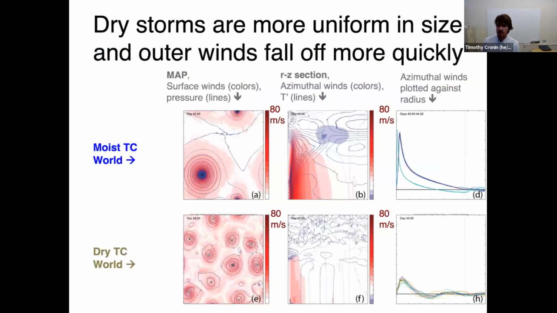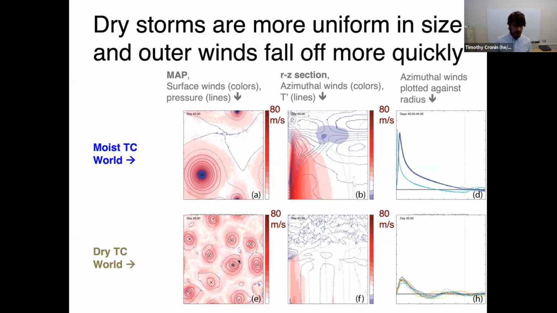So in terms of their structure, dry hurricanes look pretty different than regular moist storms. This is a map, again, of a snapshot on the left, where there's a moist tropical cyclone world on the top panels and a dry one on the bottom. And the central pressures are much higher.